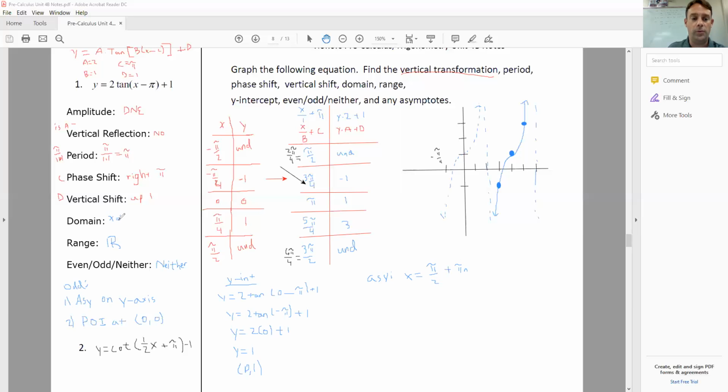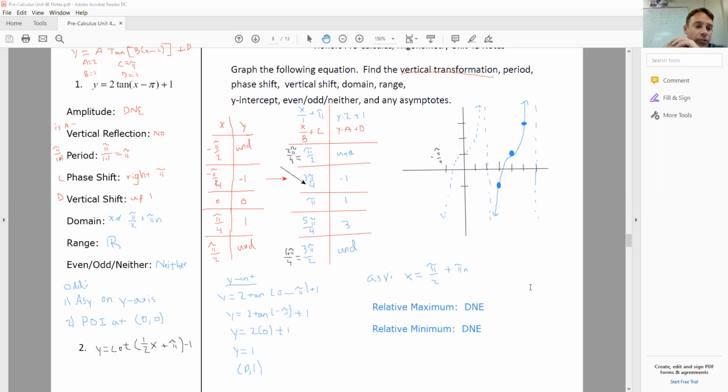So x can't be equal to pi over 2 plus pi n. And then one of my favorite parts about tangent is when I'm dealing with my relative extrema. Relative maximum, doesn't have one. Relative minimum, doesn't have one.